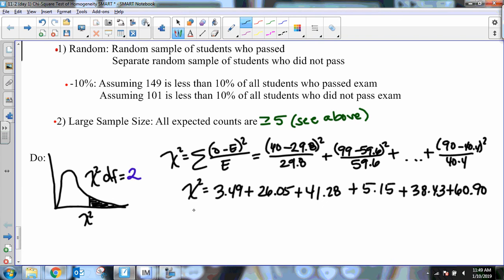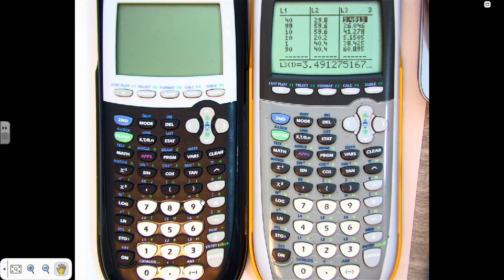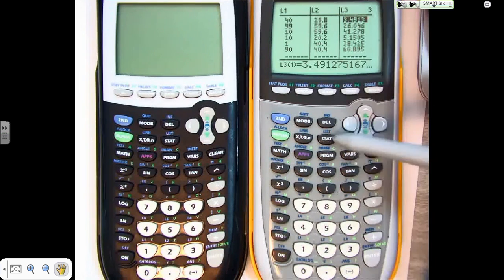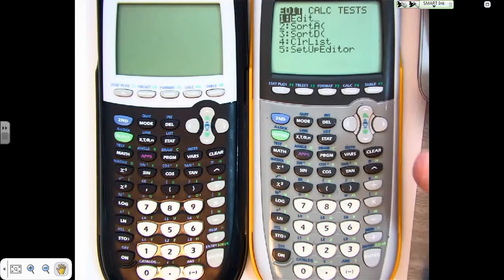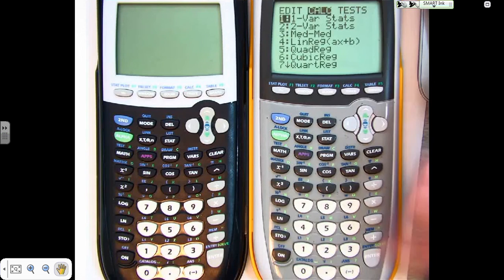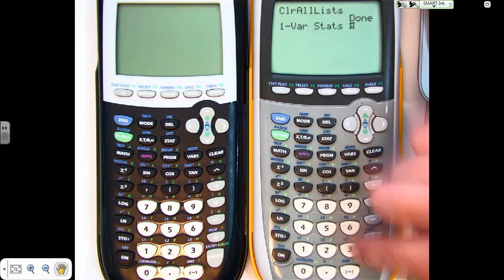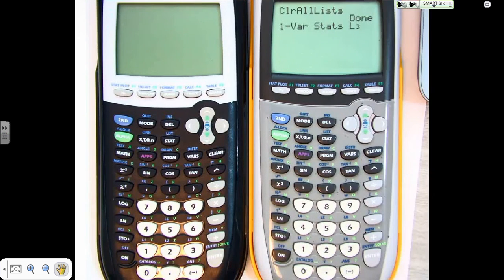In fact, I'm going to show you one more trick while I'm at it. You may not want to add all those numbers up because that could take a little bit. So here's my little quick trick. I noticed that these are all my chi-squared values. So what I could do is hit stat, scroll over to calc and do one variable statistics on list 3, because list 3 is where my chi-squared components are.